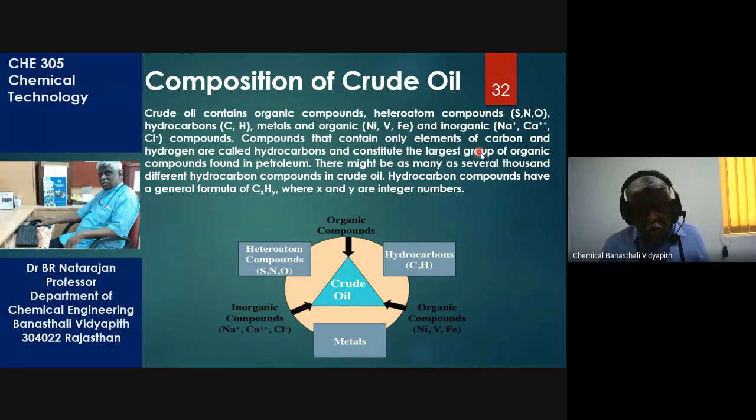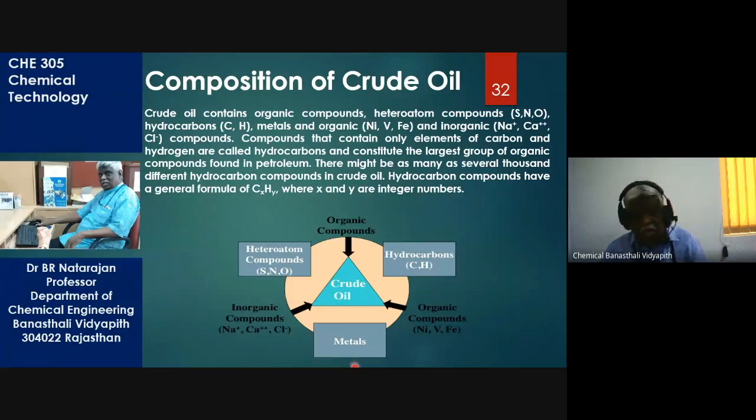Compounds that contain only elements of carbon and hydrogen, or hydrocarbons, constitute the largest group of organic compounds found in petroleum. There might be as many as several thousand different hydrocarbons in crude oil. Hydrocarbon compounds have a general formula CxHy, where x and y are integer numbers.